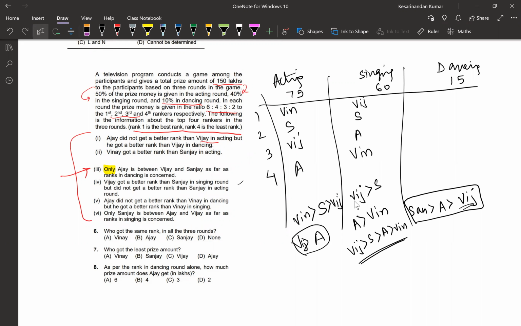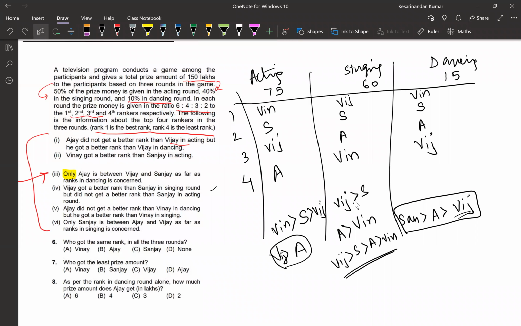He'll be the first guy. Okay, yeah, my bad. So Vinay, then we have Sanjay, then Ajay, and finally Vijay. Yeah, so the order is complete. So who is same in all the three rounds? Sanjay.